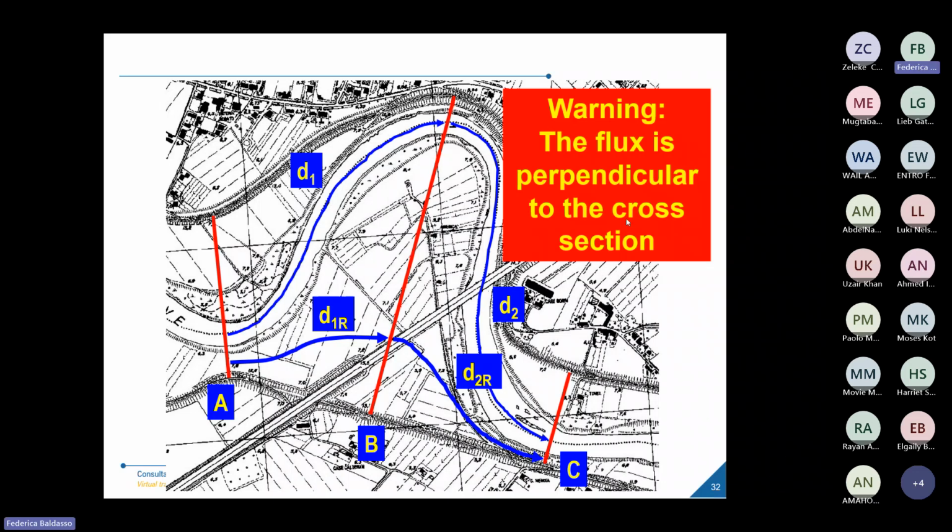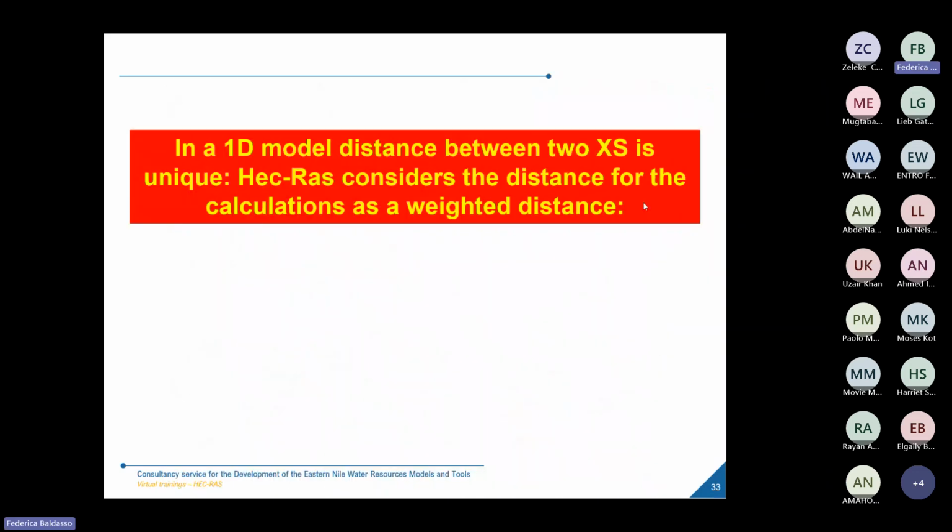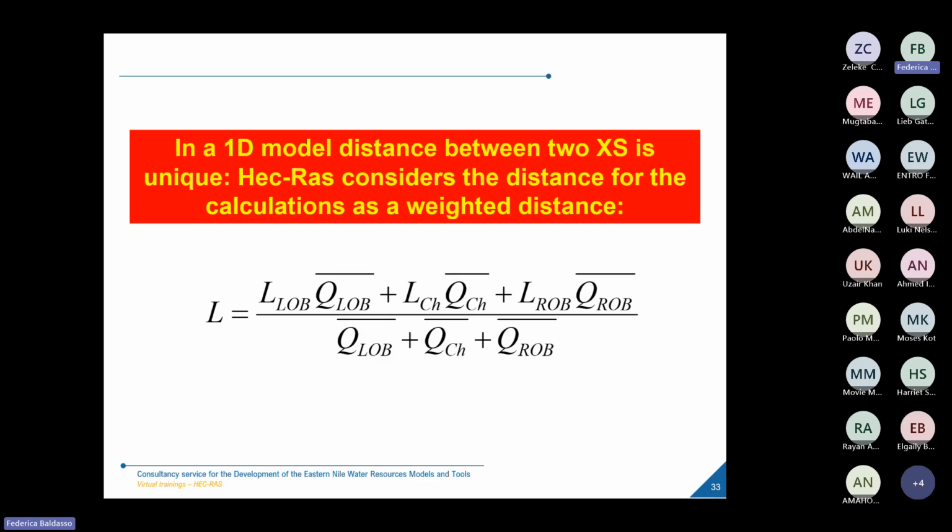So this is important. But this is still a monodimensional model. So then in the computation, the software uses only one distance, which is a weighted average of the distances of the channel, the left overbank, and the right overbank, weighted with the flow that occurs in each part of the cross section.